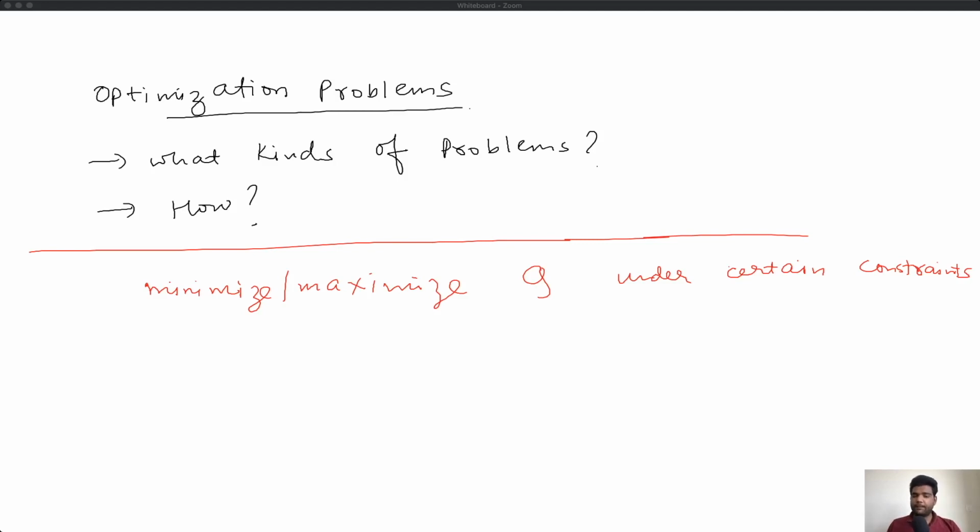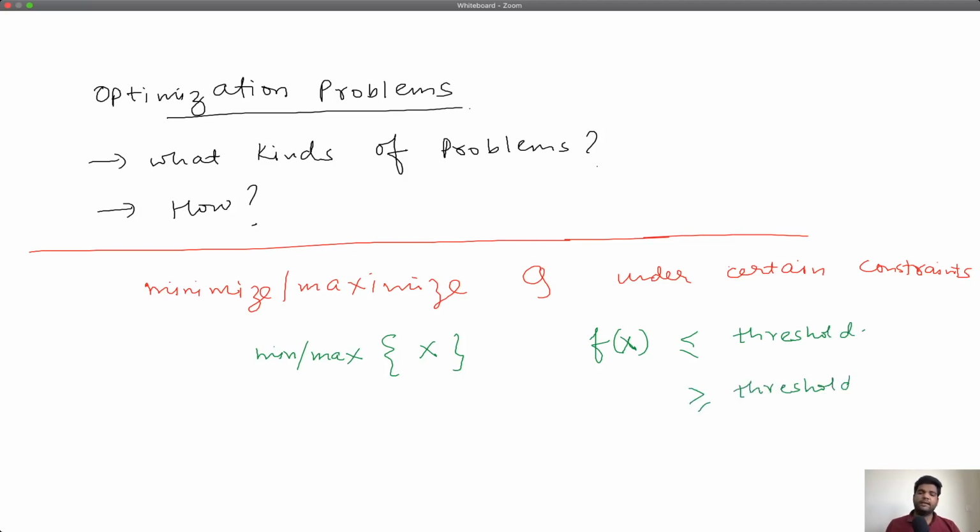But generally the pattern is that you are expected to either minimize or maximize some quantity X under the constraints that some function of X is less than or equal to some threshold or greater than or equal to the threshold. This is the general type of optimization problem that can be solved using binary search.